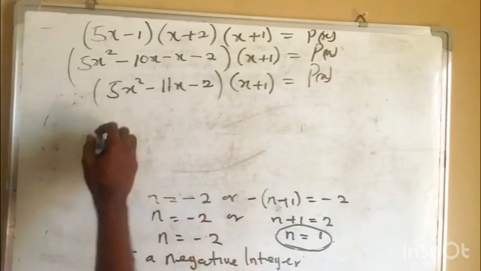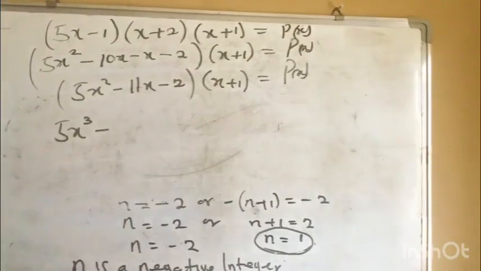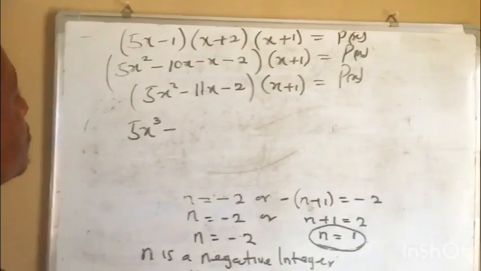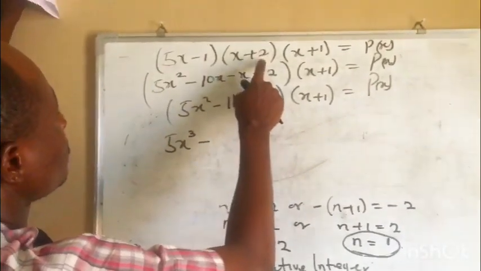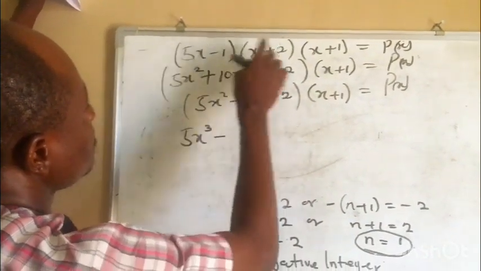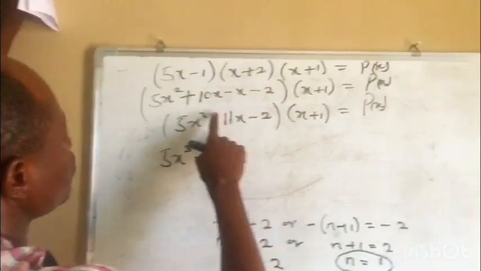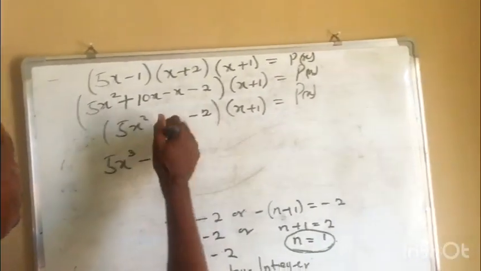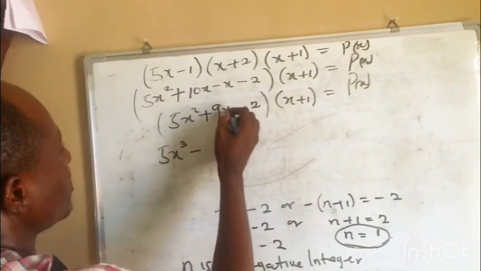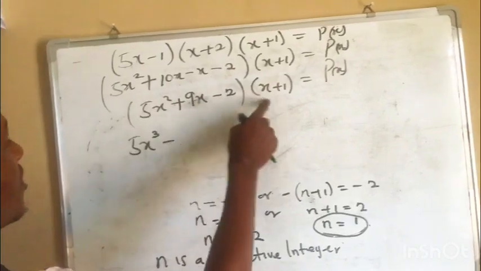Now let's open this. This will be 5x cubed, plus 5x squared, and here we have plus 9x minus 2.